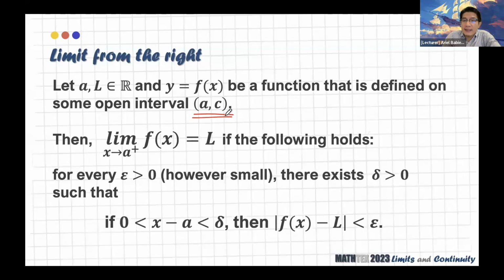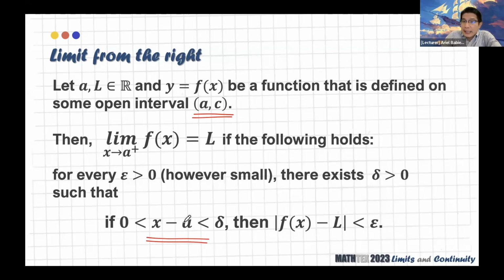And then next, you look at this. Dun sa limit from the left, a minus x, because we are guaranteed the x's from the left of a are less than a. Ngayon naman, tingnan nyo, x minus a naman siya. Bakit naman siya x minus a? Because we want the values of x from the right of a naman. And then, syempre, kapag from the right, the values of x from the right of a are greater than a.